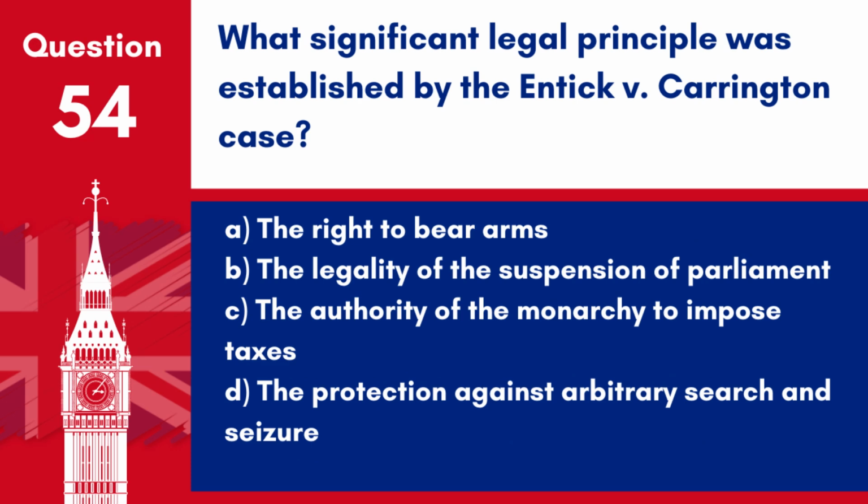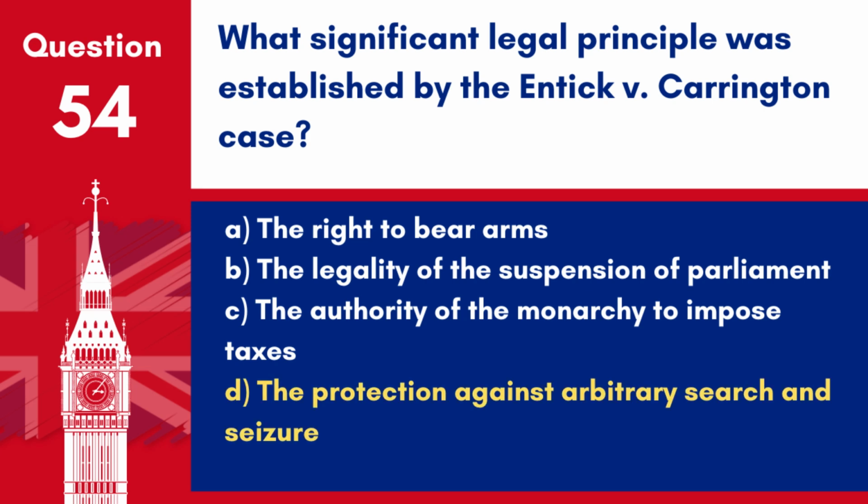Question 54. What significant legal principle was established by the Entick v. Carrington case? A. The right to bear arms. B. The legality of the suspension of Parliament. C. The authority of the monarchy to impose taxes. D. The protection against arbitrary search and seizure.